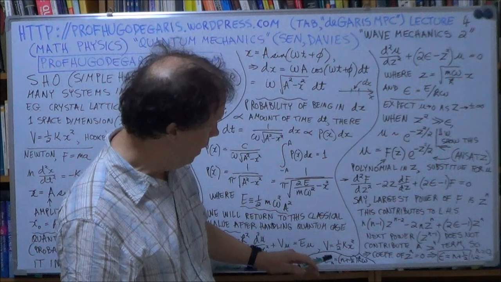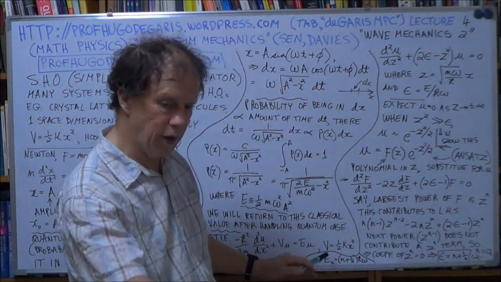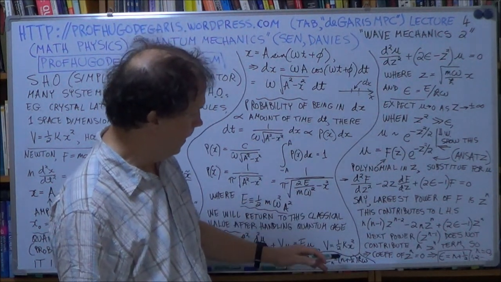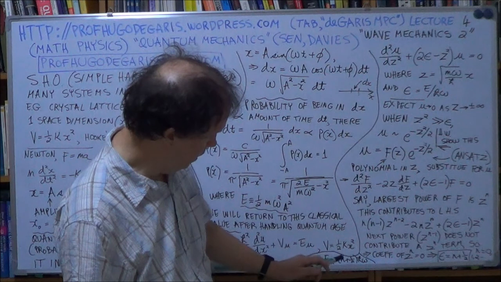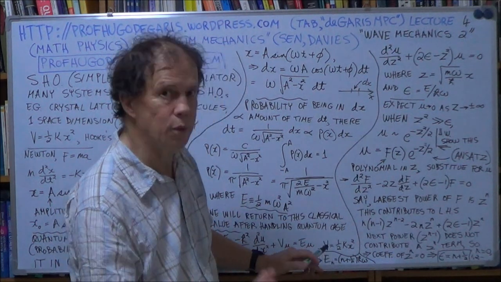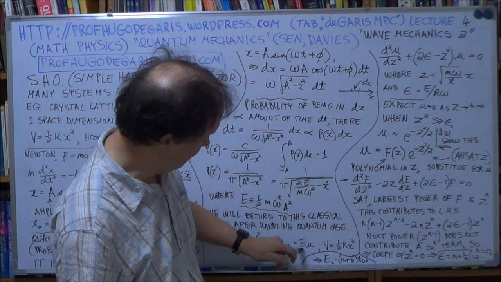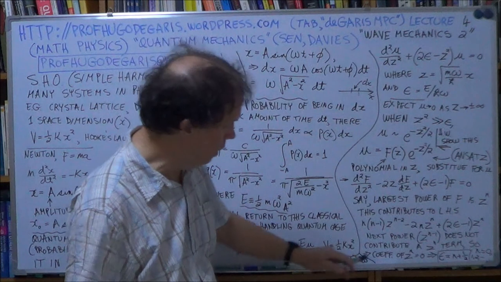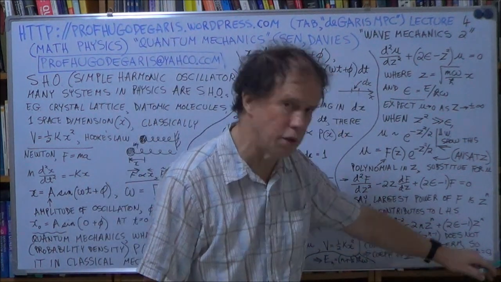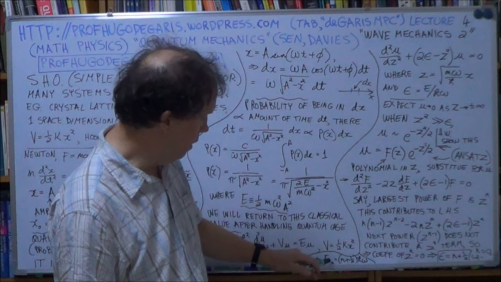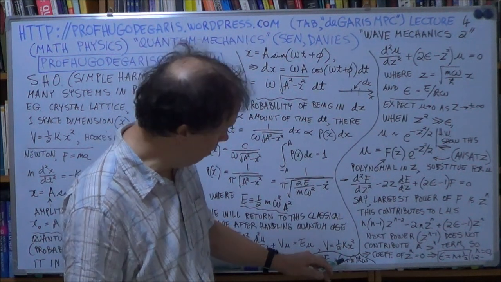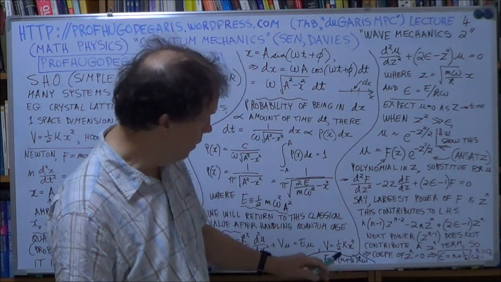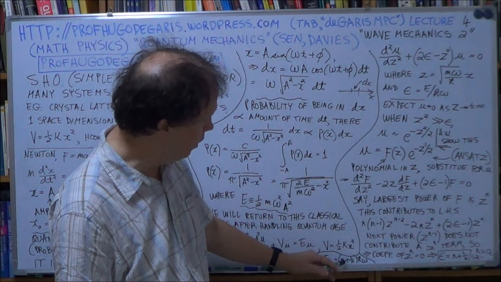So we've come to our first major result for the simple harmonic oscillator in the quantum case: the energies of this vibration of a quantum harmonic oscillator are quantized. The energy values, in other words the eigenvalues, are of the form n plus a half times h bar omega, where n is an integer and can be 0, 1, 2, and so on. So the smallest energy is when n is 0.